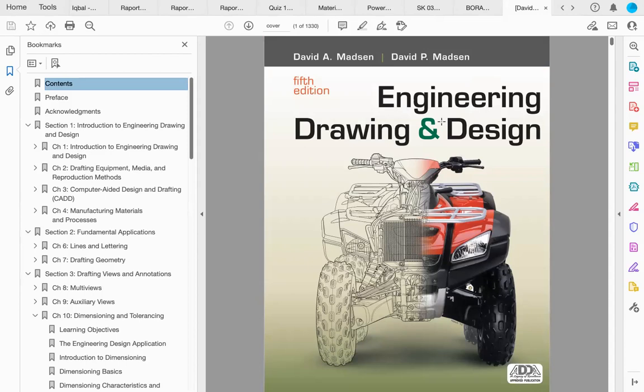So let's try our best to remember and understand all the symbols as much as possible.